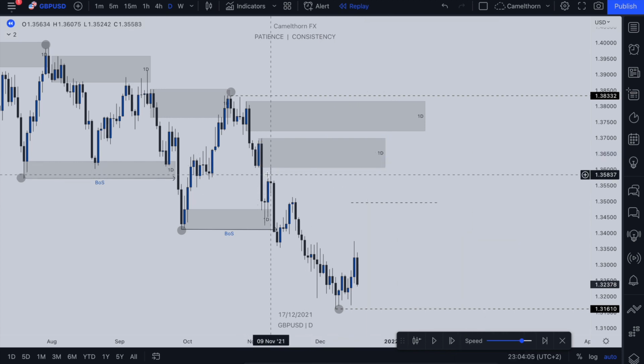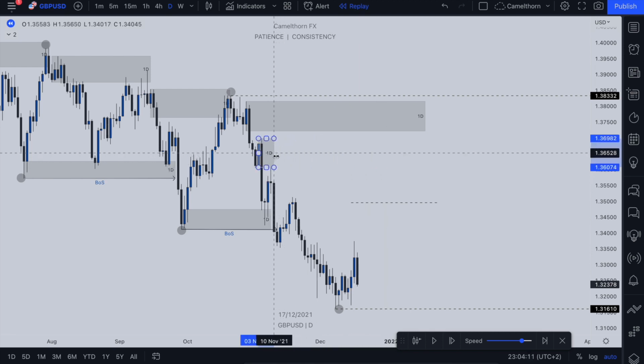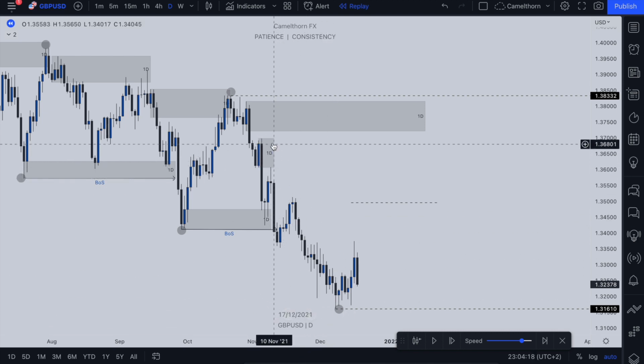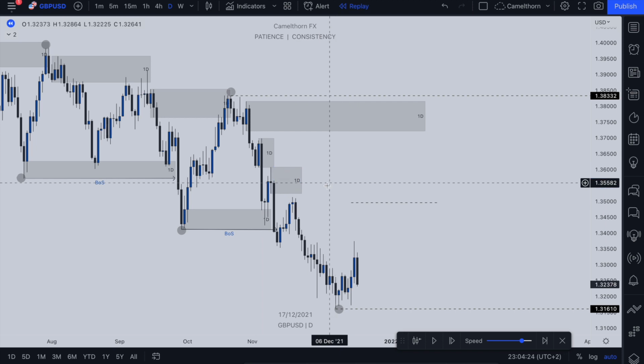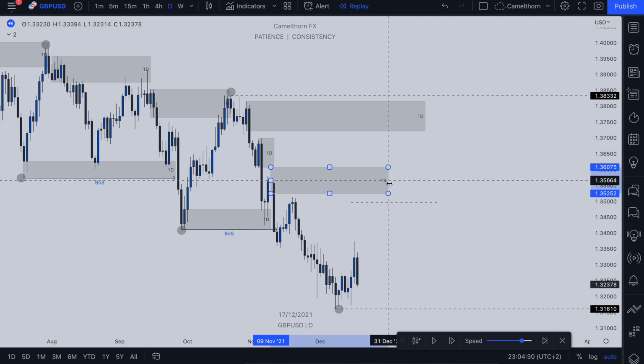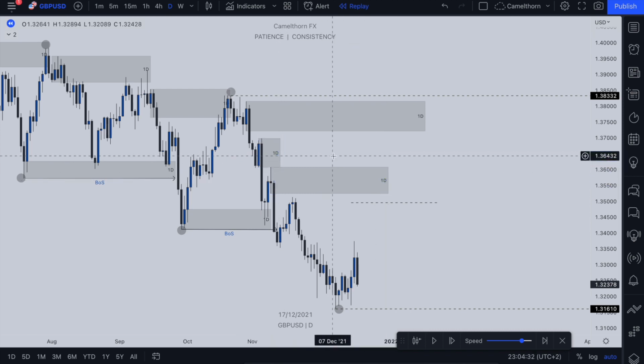You can see that I would say that this particular zone has already been mitigated in here. It's a very light mitigation, but it looks like it has been mitigated. And then you can essentially drag this one to here. If I were trading live, I would put more importance on this particular zone than on this particular zone.